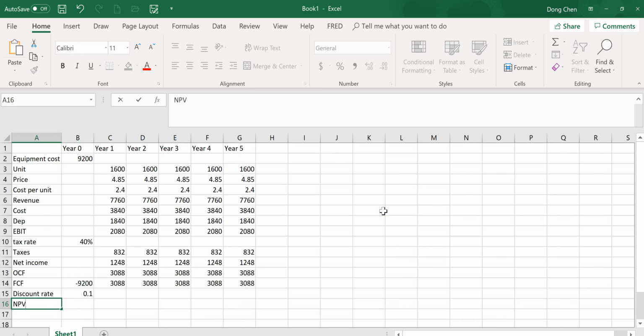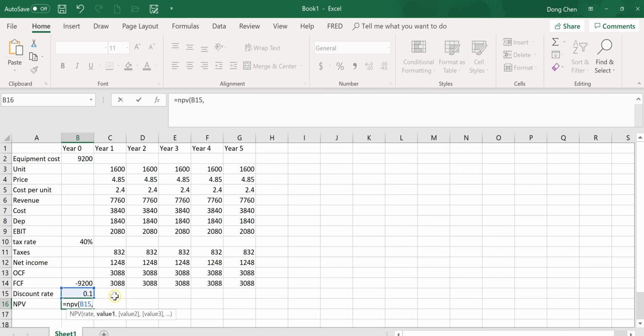So NPV will be based on, we can use the NPV function. Equals NPV open parentheses. The first argument is simply the discount rate. And starting from the second argument, it's the cash flows, all the future years' cash flows. One thing I want to emphasize is that the NPV function doesn't take into consideration the current cash flow.